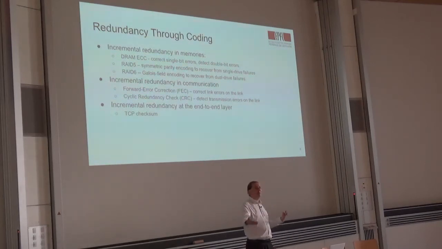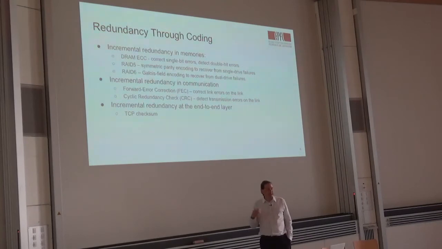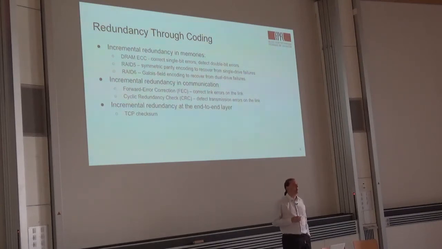But the higher bit rate we get for a given amount of energy and a given technology, that tends to increase the error rate, the amount of bit flips we see. And so we kind of want to use transmission channels that are fairly lossy, that flip bits fairly often, because that's a way we can get maximized performance out of them.